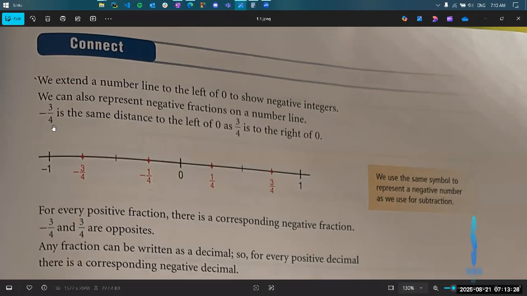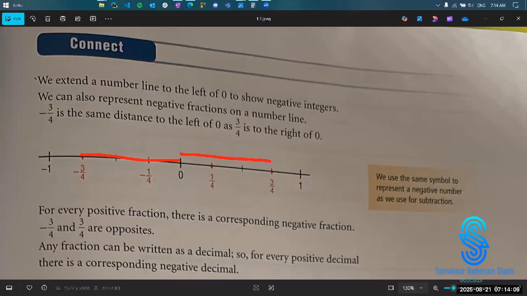Minus 3 divided by 4 is the same distance to the left of 0 as 3 by 4 is to the right of 0. So that means the distance from 0 to minus 3 divided by 4 and the distance from 0 to positive 3 divided by 4 is equal, the same.